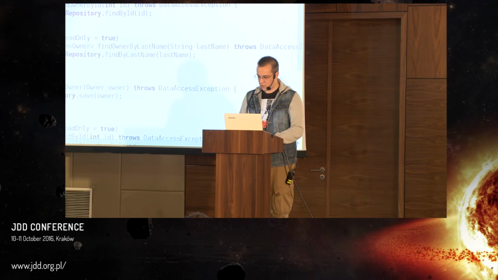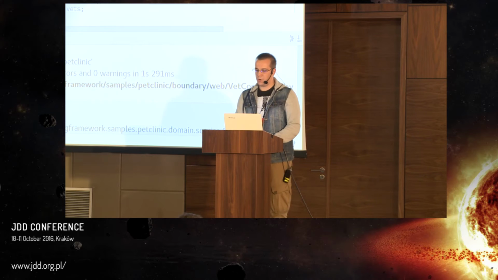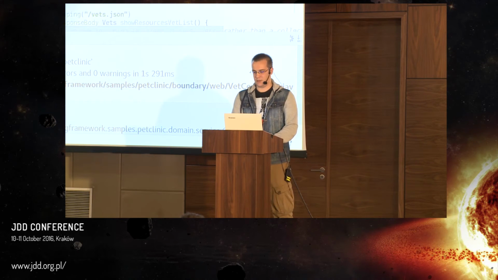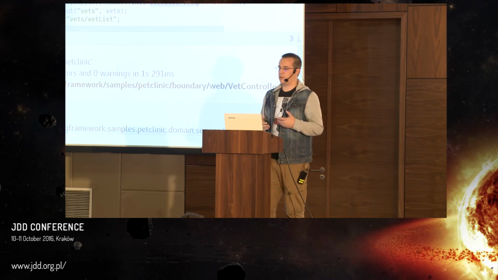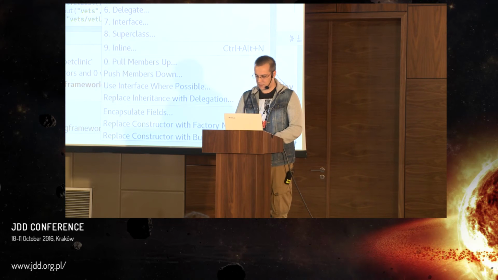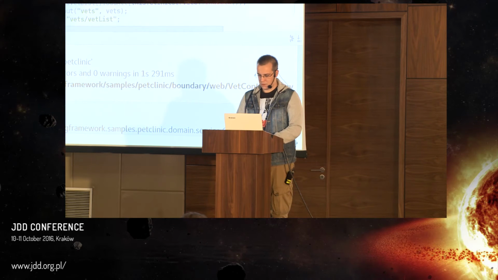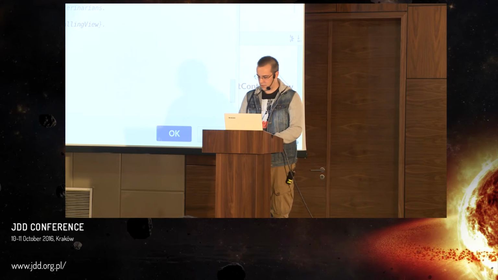Okay, once more. And right now we're in the vet controller, and here we don't have to inject another service. We can do a simple type migration. So let's do that. Vet service. Let's also fix the name and the parameters.